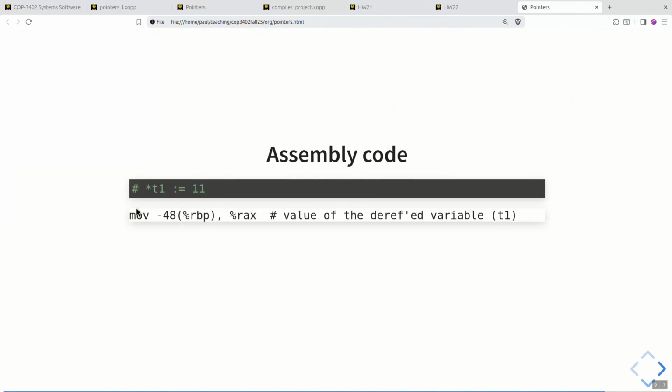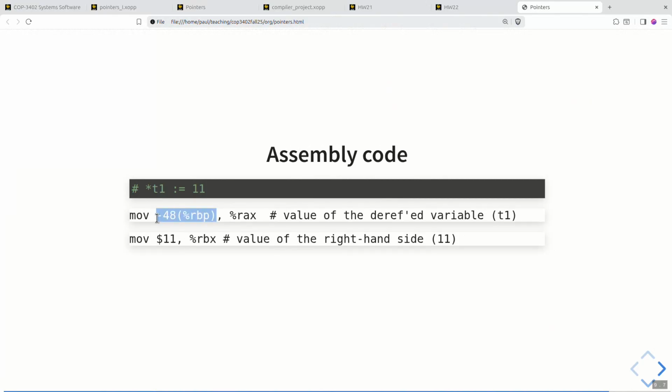But all right, so we're going to get the value of the variable to deref, which is T1 here. So this is how we get the address of T1, and we're going to store that into a register. We're going to get the value of the right-hand side. That's what we're going to store into the address pointed to by T1.